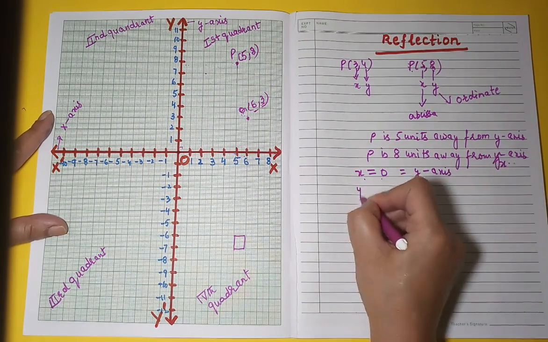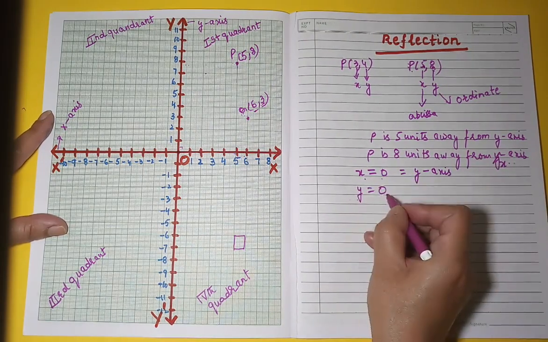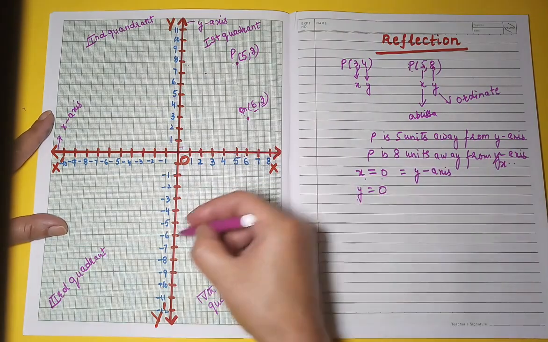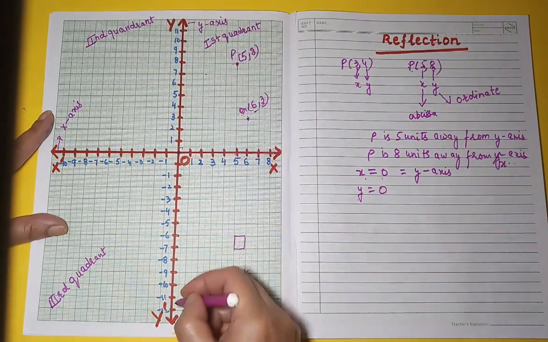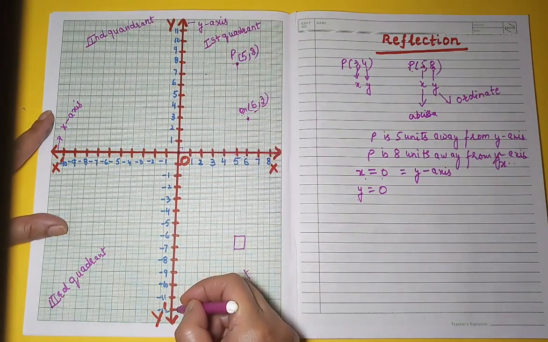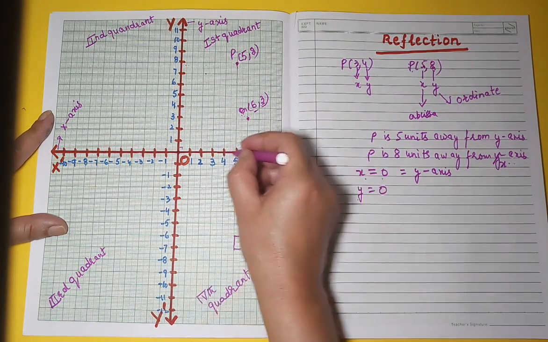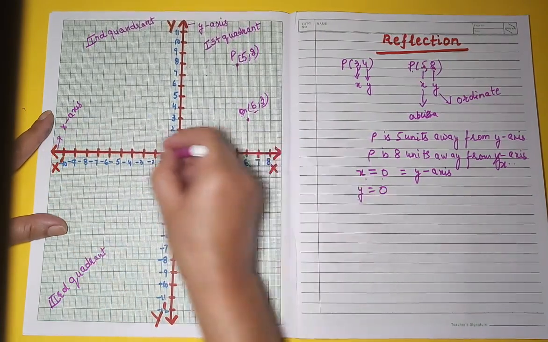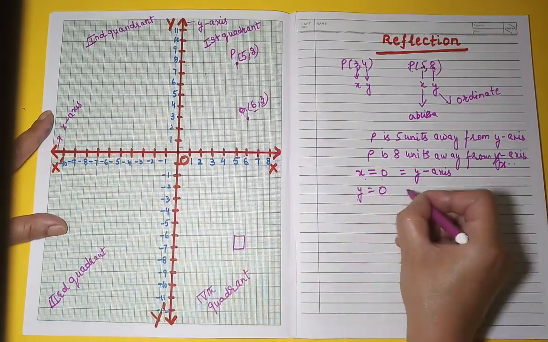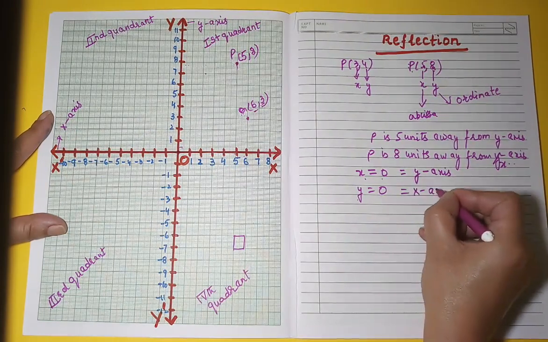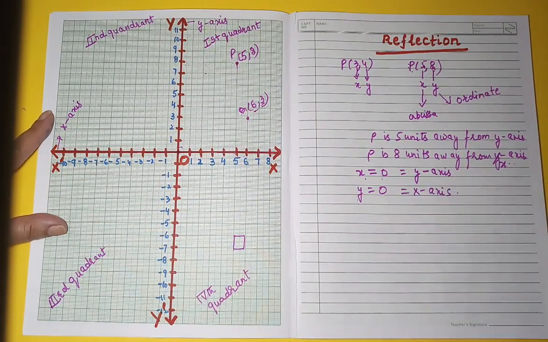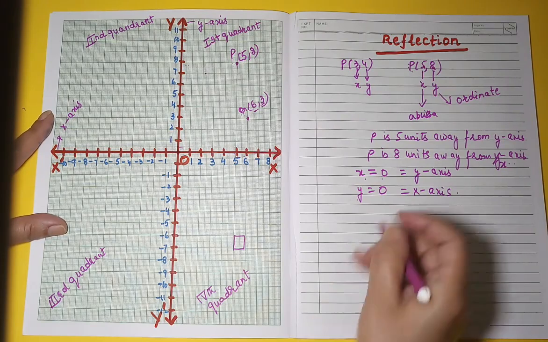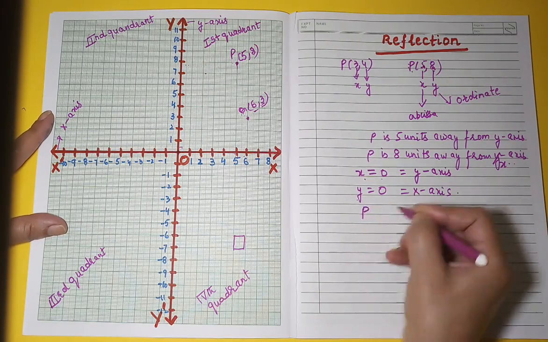Similarly, if I ask you to define y equal to 0, what is that? So y is 0. There is no position of a point along the y-axis. The point will lie anywhere on this line. This is the x-axis. So y equal to 0 is the x-axis, right?